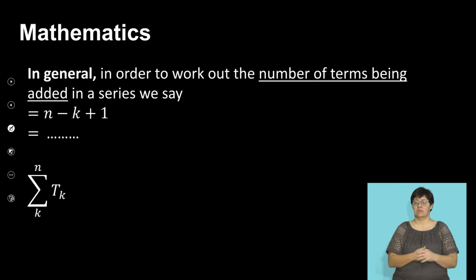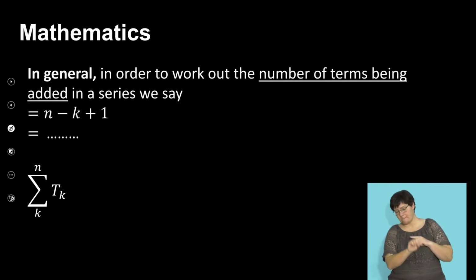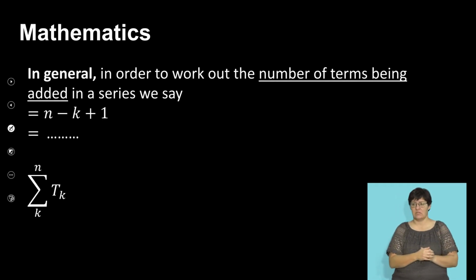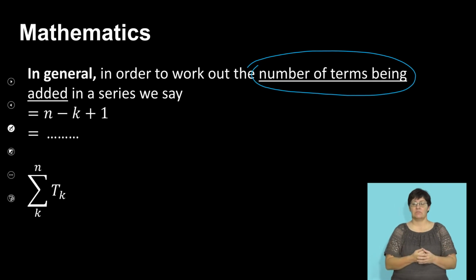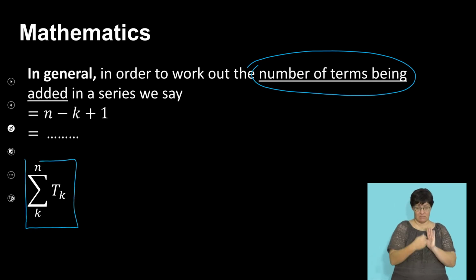So after our little investigation, we can actually conclude how we can work out the number of terms involved in a sigma sum. In general, in order to work out the number of terms being added in a series, using this little sigma illustration, the number of terms involved in a series is n minus k plus 1.